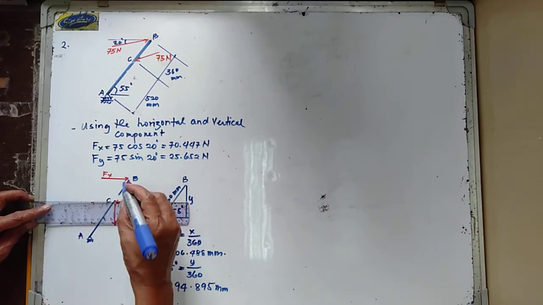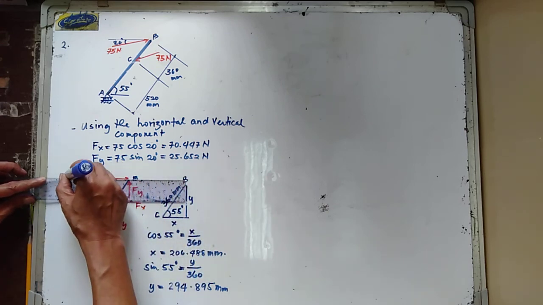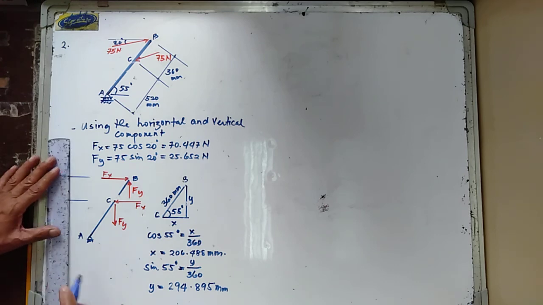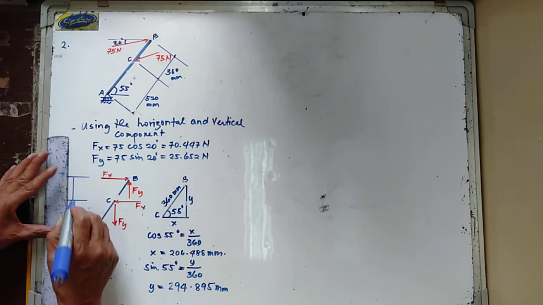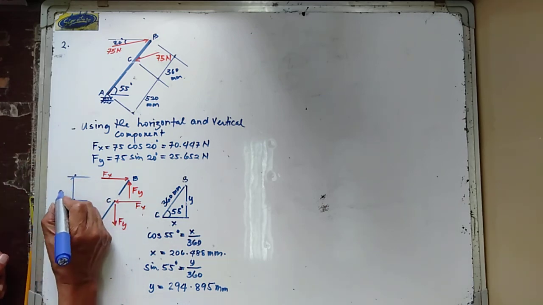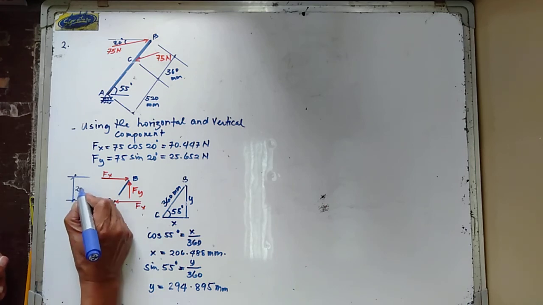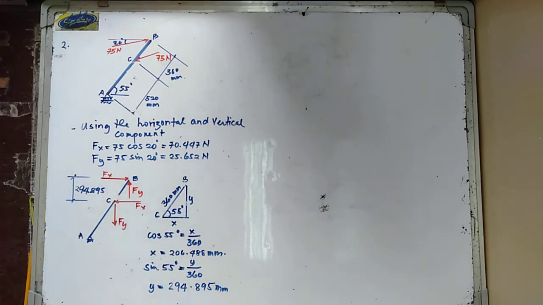so this distance in here is now equal to y. And this is equal to 294.895 millimeter.